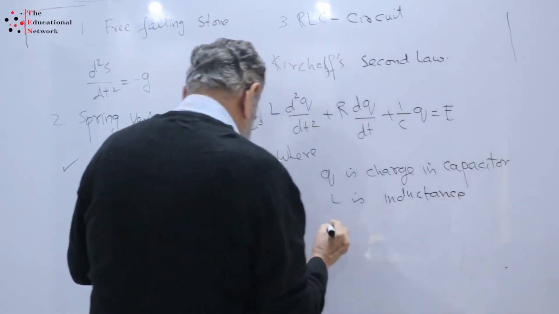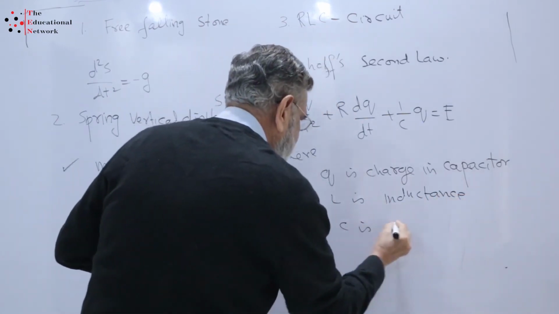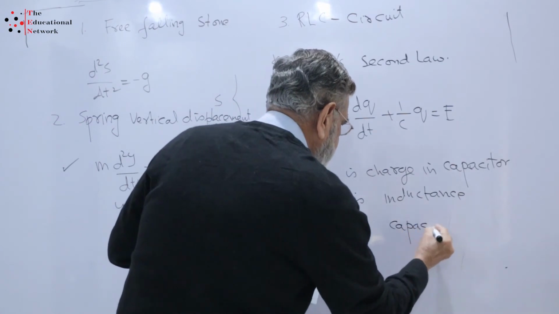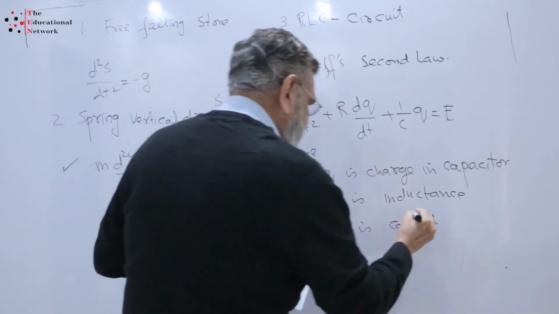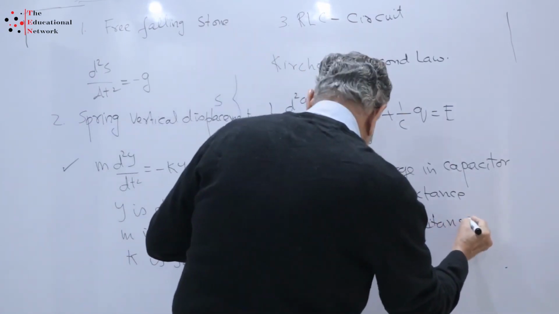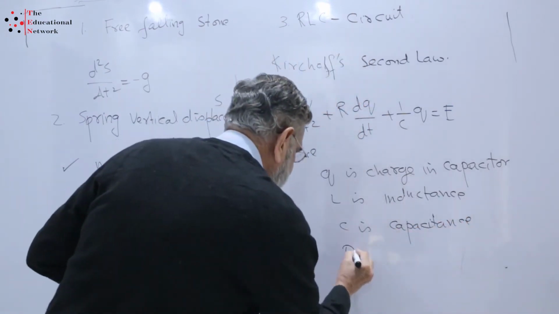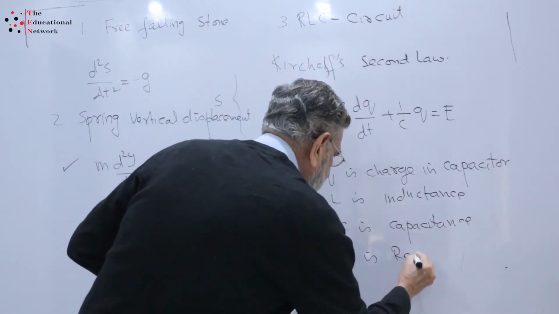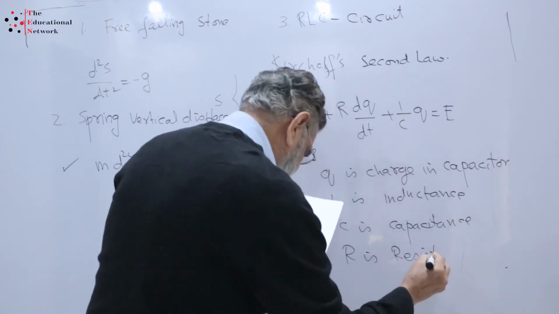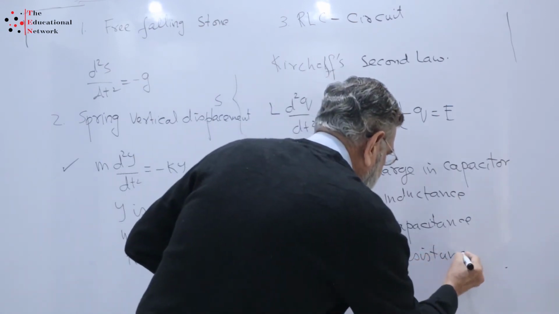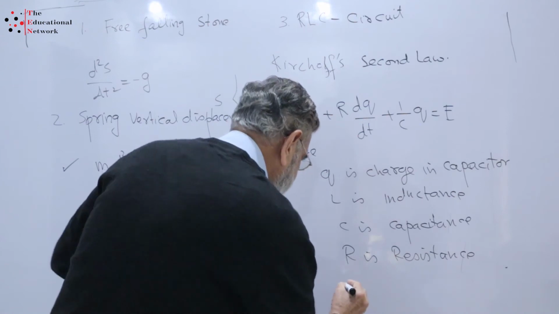C is capacitance. R is resistance. And E is voltage.